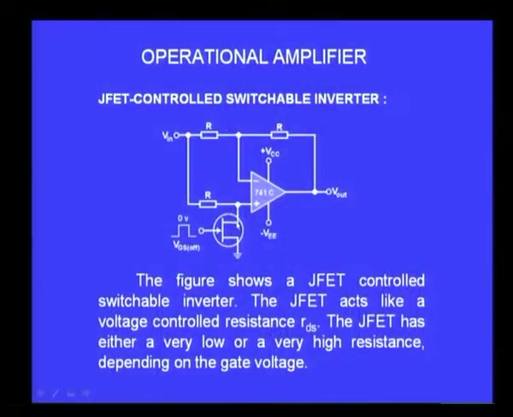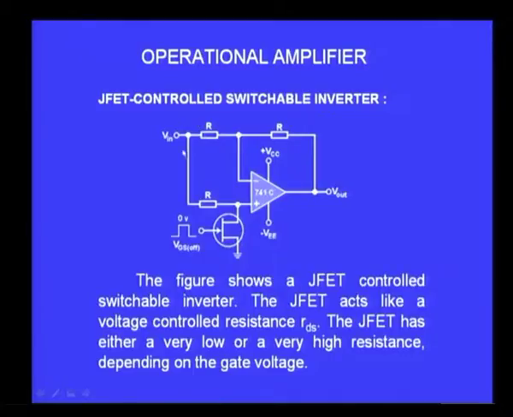Similarly, when I have the high for the gate, then this will become on. When this becomes on, the JFET offers very low resistance at this end, and that means it is almost connected to the ground. When this is connected to the ground, that non-inverting input is connected to the ground.